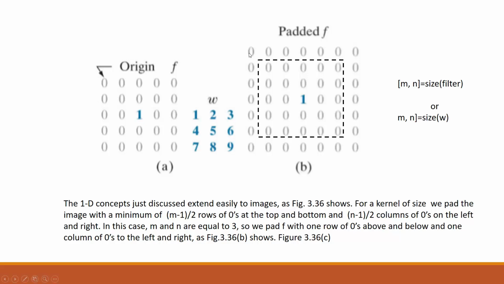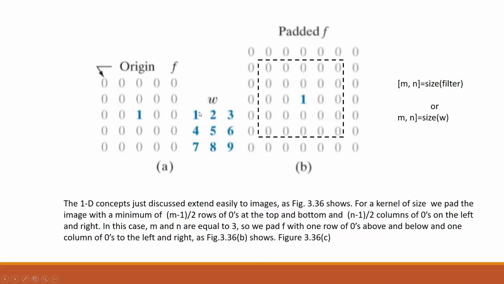In that case we have already put zeros on the left and right and on the top and bottom. So for a kernel of size m by n, we pad the image with a minimum of (m minus 1) by 2 rows of zeros at the top and bottom and (n minus 1) by 2 columns of zeros on the left and right.